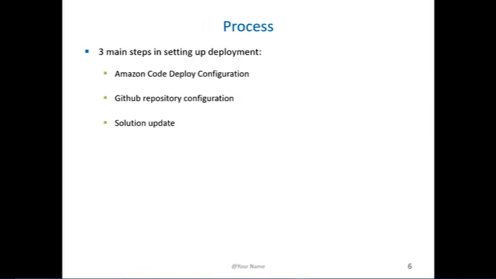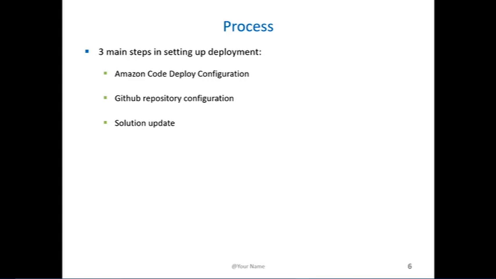So there are three main steps in creating a deployment configuration for our application. The first step was configuring Amazon CodeDeploy. This involves putting together a deployment configuration which has instructions on what instances to deploy to and what the rules for deployment are, in terms of one at a time or all of them at once, and what constitutes a deployment failure.